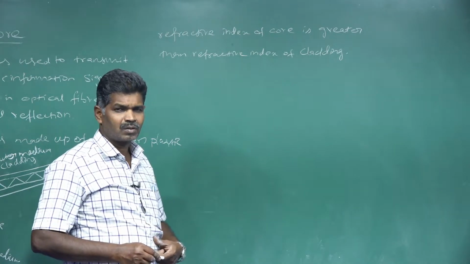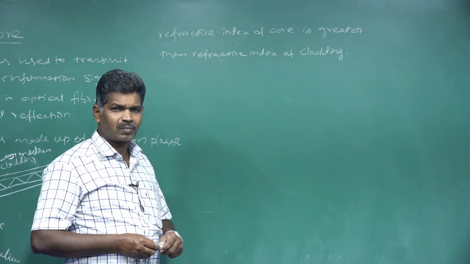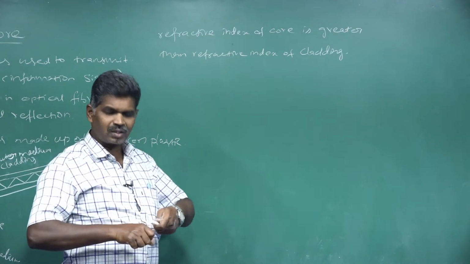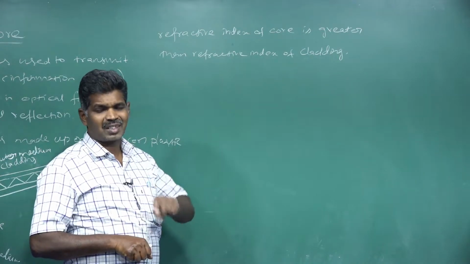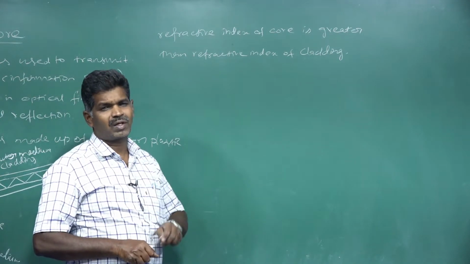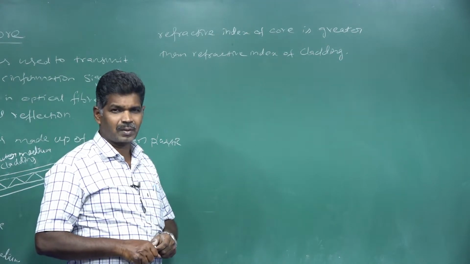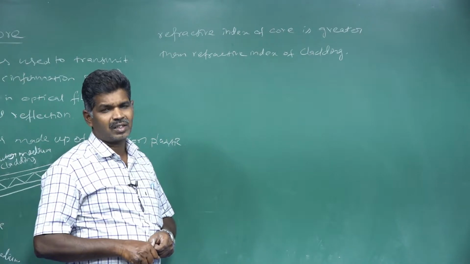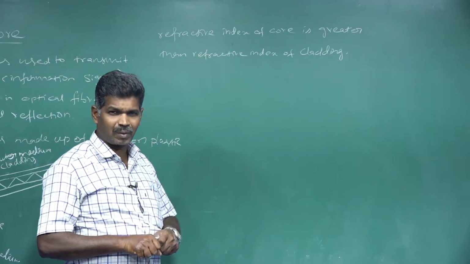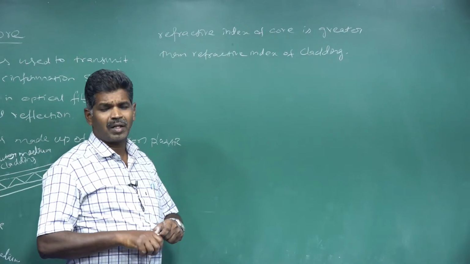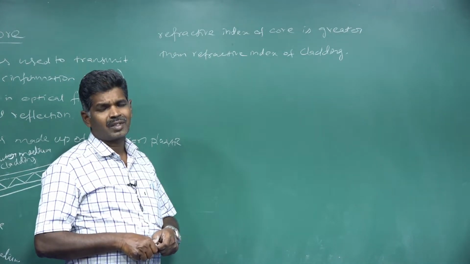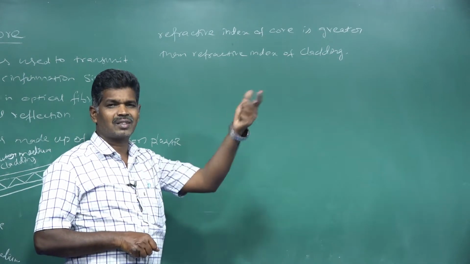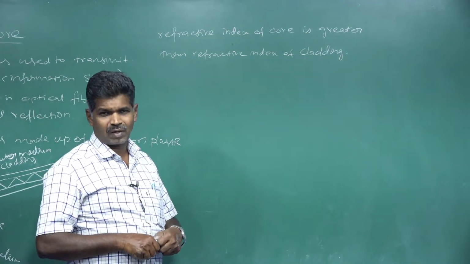itself. Whatever you do, if you bend or twist the fiber cable, the signal will not come out from the core of that optical fiber. So this is also one of the major advantages. Even if you are twisting or bending the fiber cable, the signals will not pass from the core to the cladding and come out of the fiber.